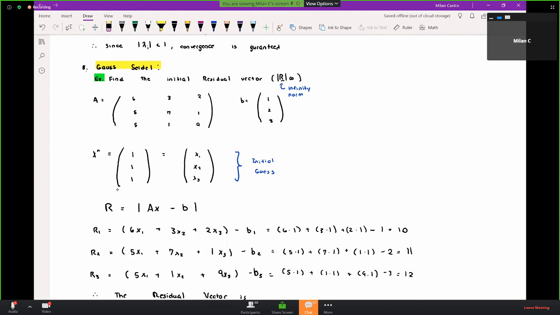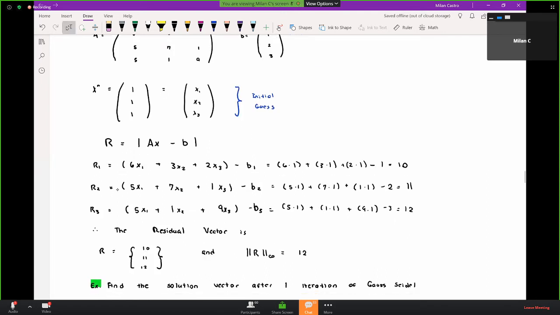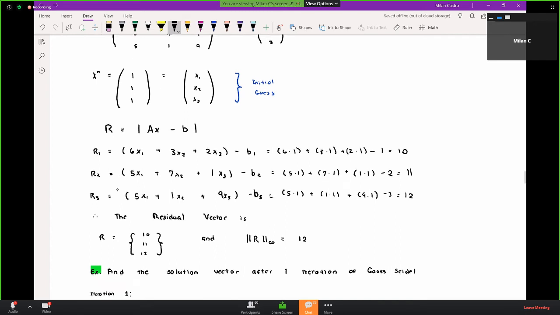We're just plugging in ones for all our X values since that's our initial guess. And we get 11. And then for R3, we get 12. So that gives us the residual vector to be 10, 11, and 12. And our residual infinity norm is going to be equal to 12. So that is our initial residual infinity norm.